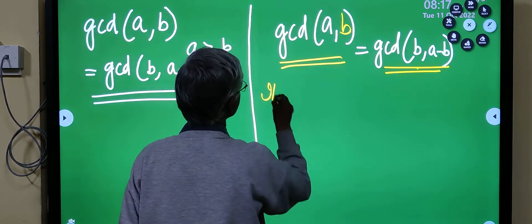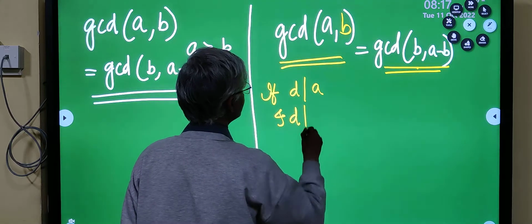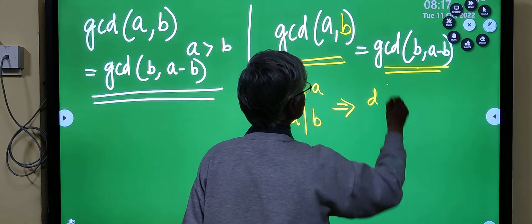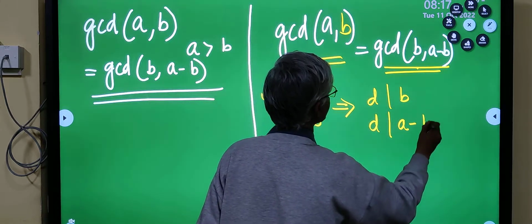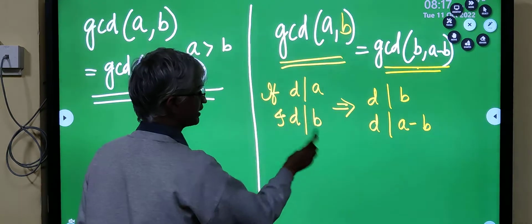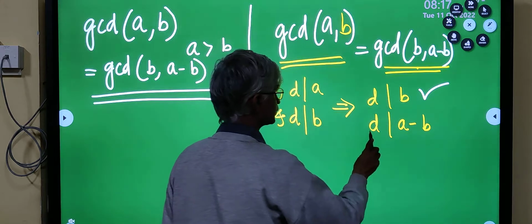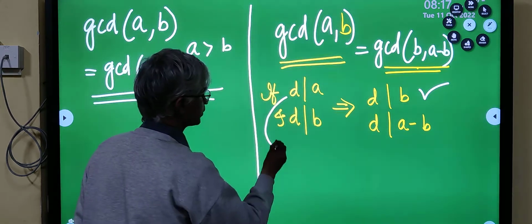So let us see what I am going to try to prove. If D divides A and D divides B, it implies D divides B and D divides A minus B. Well, D divides B is already given, so there's nothing to prove here. All we need to prove is that given the left hand side, D divides A minus B. So let us see what this means.